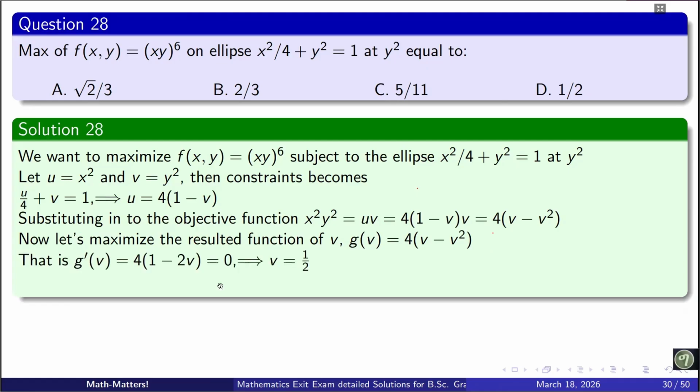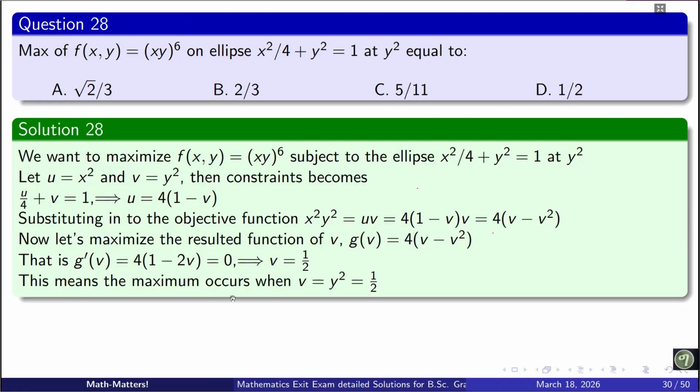In order to maximize it, we take the derivative. g derivative of v is equal to the derivative of this function with respect to v, 4 times (1 minus 2v). This is 0 only when v is equal to 1 over 2.